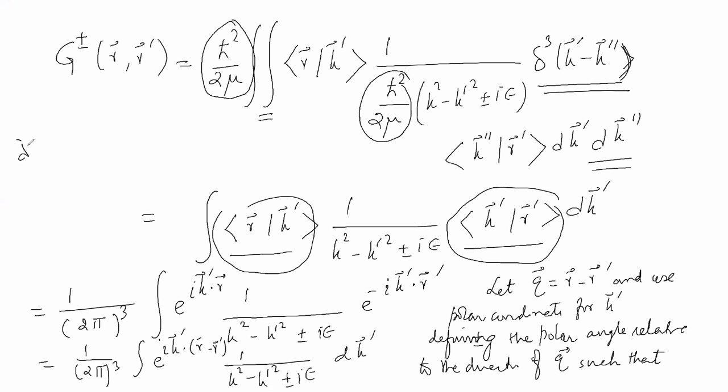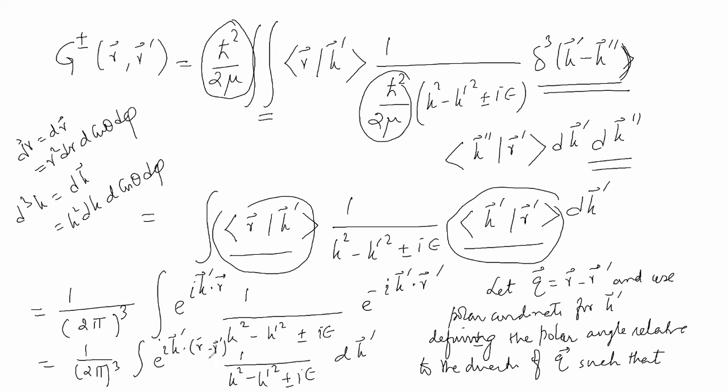As we write d cube r as r square dr d cosine theta d phi, here we will write d cube K as K square dK d cosine theta d phi in polar coordinates.